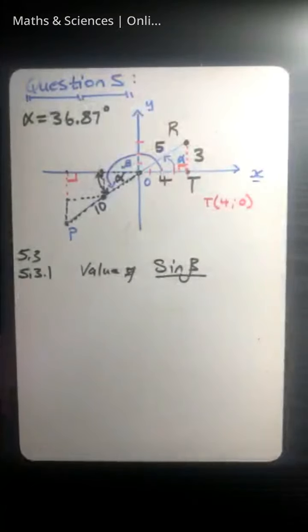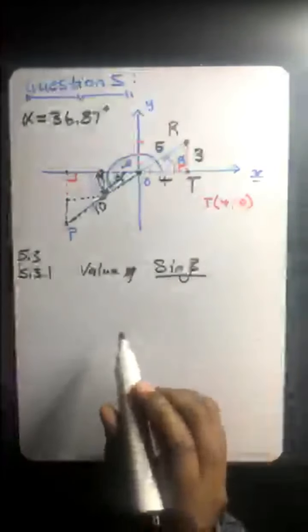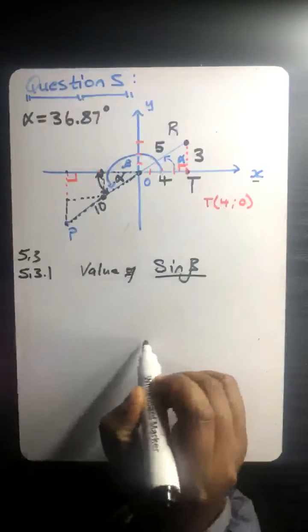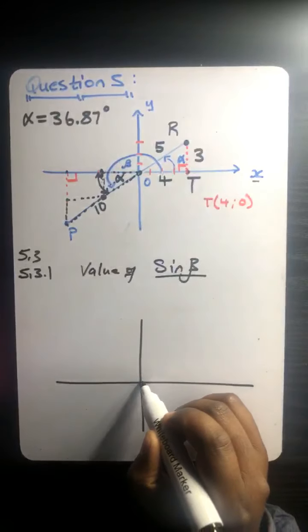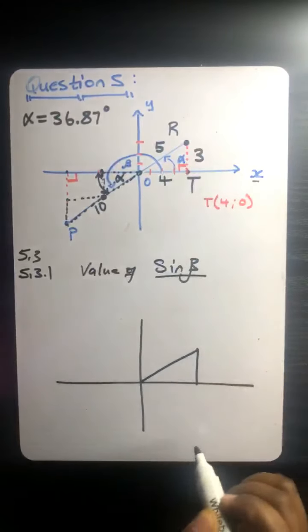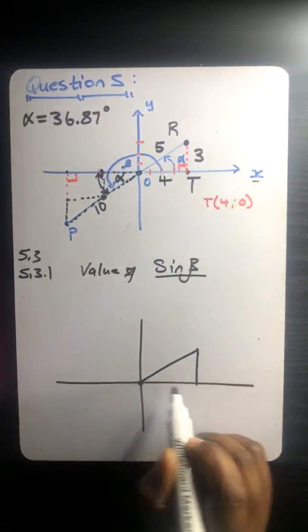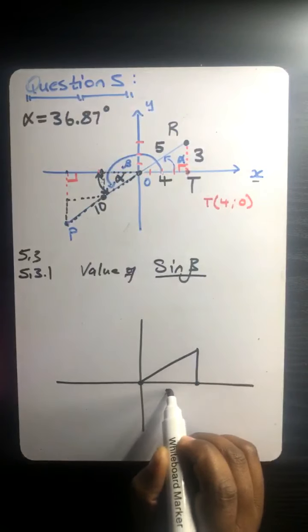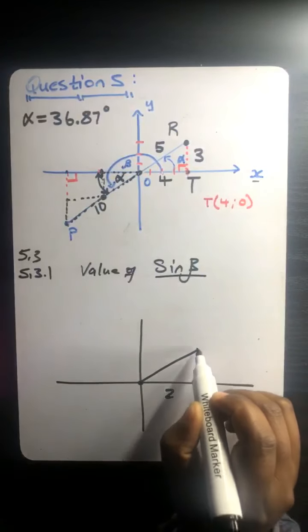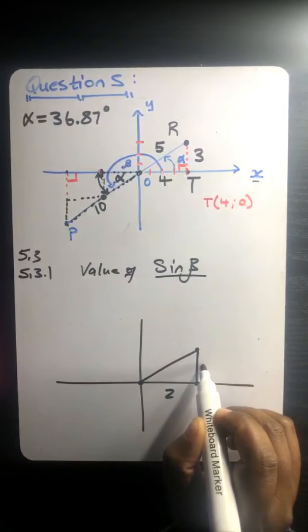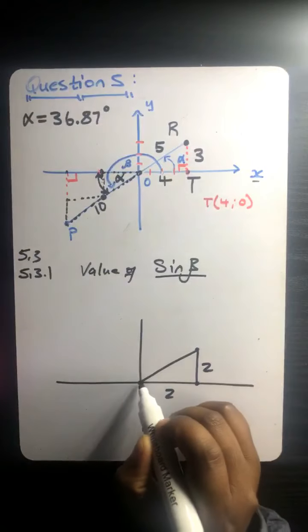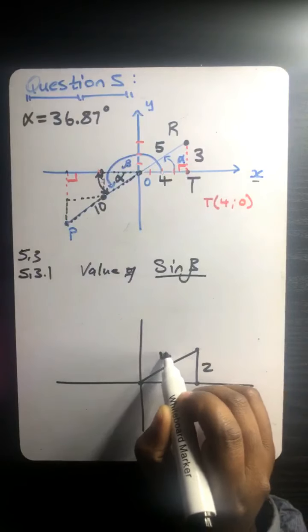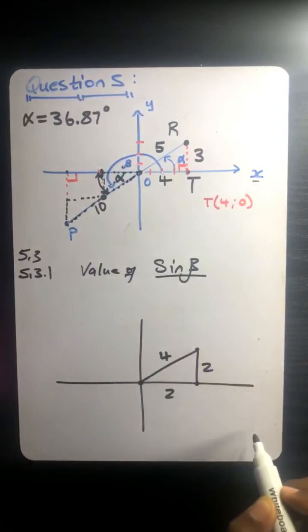Okay, let me try to explain to that other one. So what I'm trying to say is that if we have this triangle, let's say from there to there is 2, and then from there to there it's also a 2. And then let's say from there to there, for some reason, is 4. I'm just giving an example.